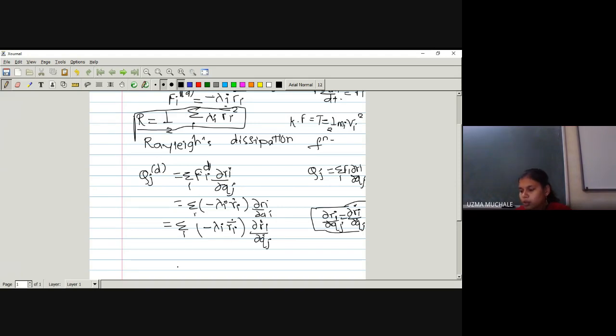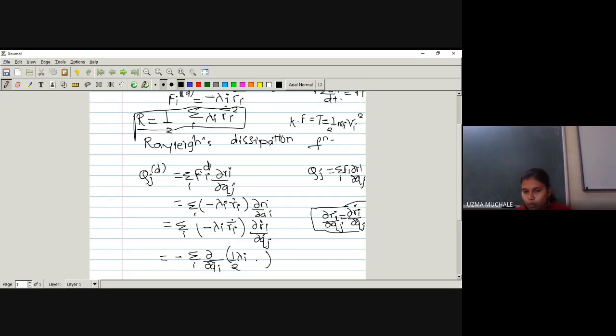Now again we have to do some adjustment. I hope you can now understand this adjustment. This minus sign I have taken outside, and the summation stays as it is, since the summation is common for all. Now, suppose I take this dou by dou Qj dot outside, what will be there in the bracket? The constant will remain as it is, so I have to adjust 1 by 2 here.